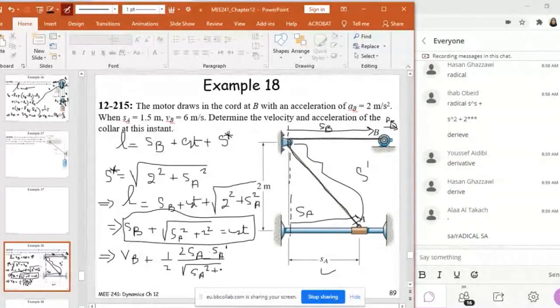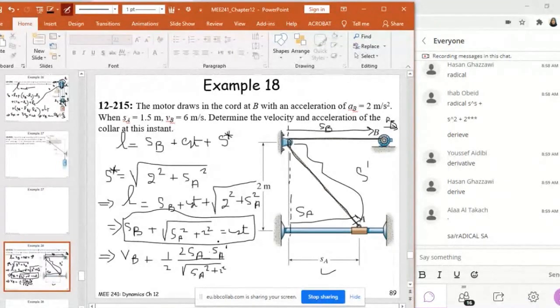Okay, guys? So don't forget, I should put SA prime also in the numerator because if I want to do radical U, it's U prime over 2 radical U. Now what is U prime? It's the derivative of SA squared with respect to time. It's 2SA SA prime.